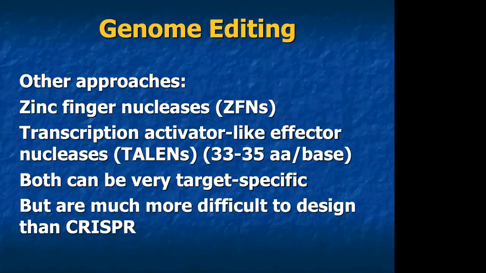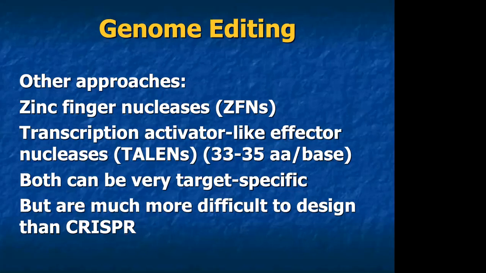Could you use CRISPR on like the BRCA gene or something like that? Yes, you could. As far as I know, there are no restrictions on genes that could be modified. Part of the problem is that in adults, you have to have a mechanism for getting rid of the existing mutated cells.